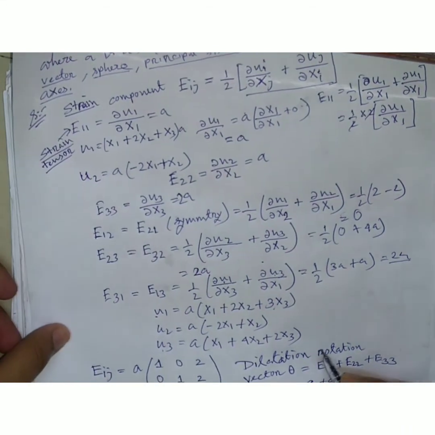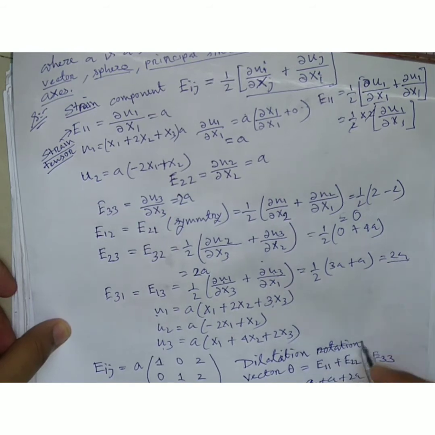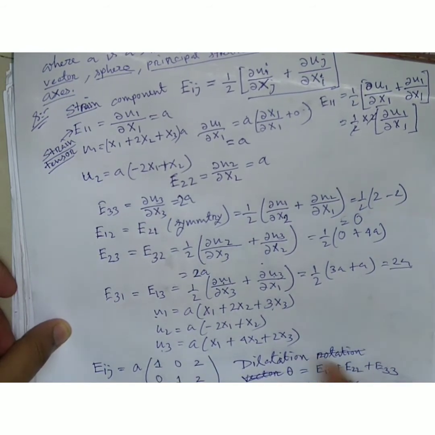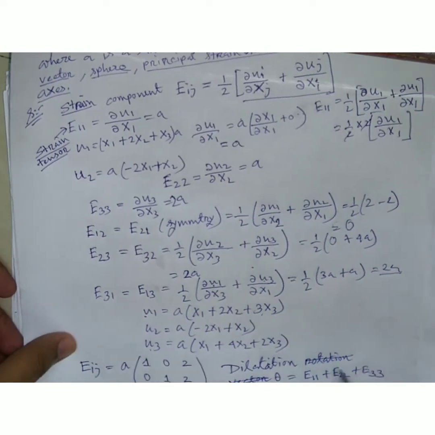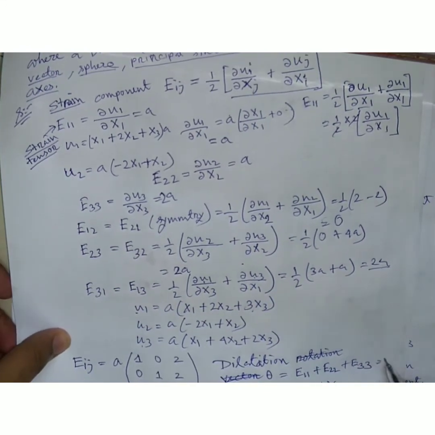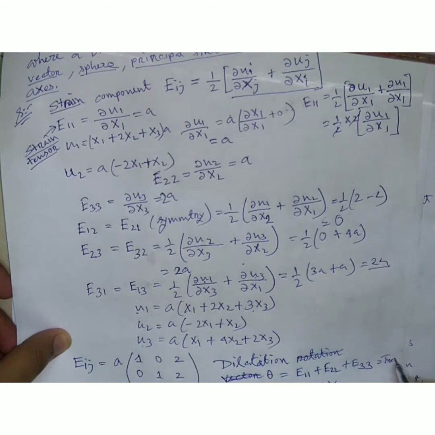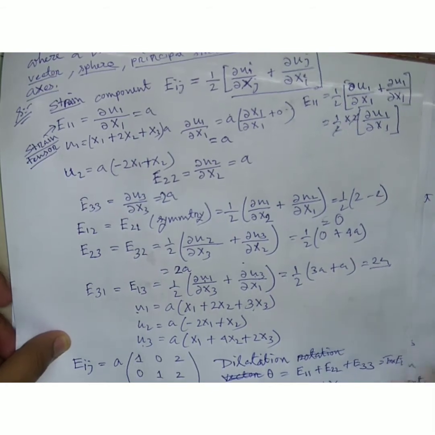This is my dilatation, not the rotation vector. Dilatation is E11 plus E22 plus E33, meaning the trace of Eij.